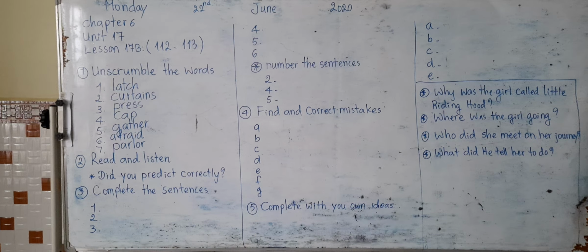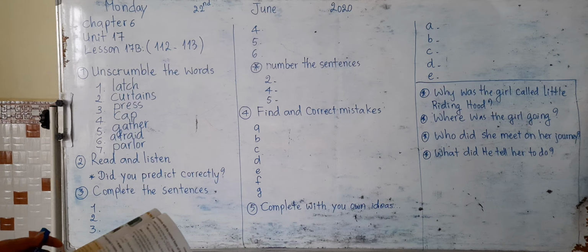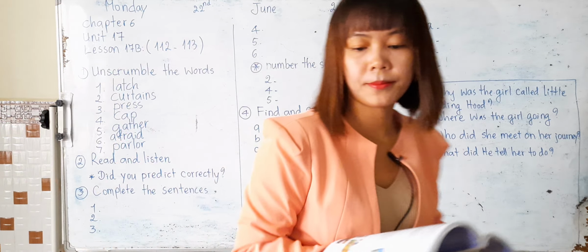All the better to see you with, my dear, answered the wolf. Oh, grandmother, what big hands and arms you have, Little Red Riding Hood said next. All the better to hug you with, my precious child, replied the wolf. End of tape script.